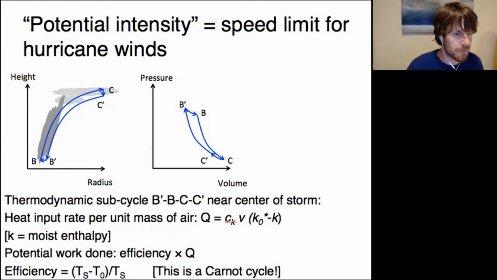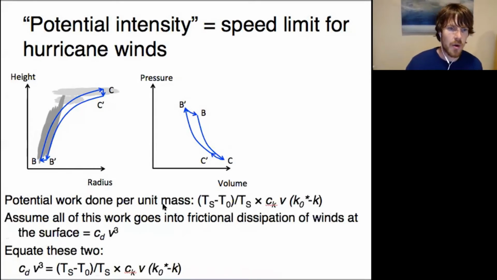And so the idea of potential intensity is to then equate this potential work done with the dissipation of energy by the swirling winds near the sea surface, which is equal to a product of the CD drag coefficient and the cube of the wind velocity, v cubed.